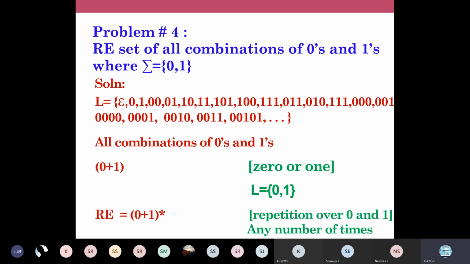Okay, so any number of times we can iterate with these symbols 0, 1 and 2. So likewise we can apply it for any language or any input alphabet. You have to understand why we are writing this plus here, why we are writing this star. Star is for repetition and plus is for representing union, this or that, 0 or 1.